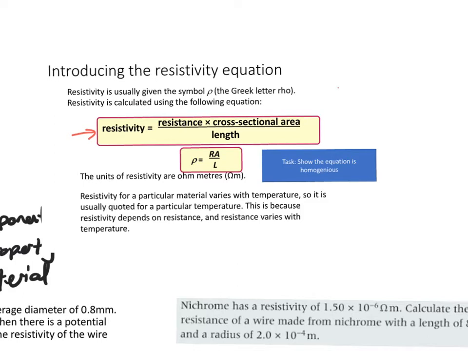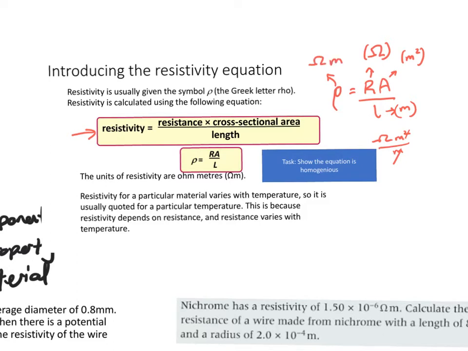So in terms of symbols, rho is resistivity, resistance is R, which is always measured in ohms, cross-sectional area, which is in meters squared, and we divide it by the length, which is in meters. So what we have is that since we have ohms meters squared divided by meters, resistivity will be in ohm meters.